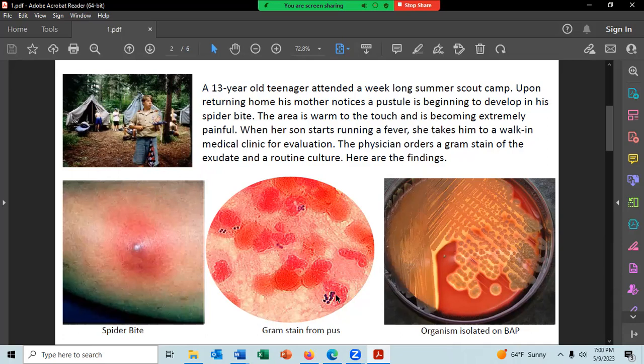Here are the findings. There's the gram stain. Those are his own cells, and those are bacteria, which are gram-positive cocci, which the lab is gram-positive cocci or gram-positive bacilli. And then they take these and streak it on a blood agar plate, and you can see the hemolytic activity on the blood agar plate.